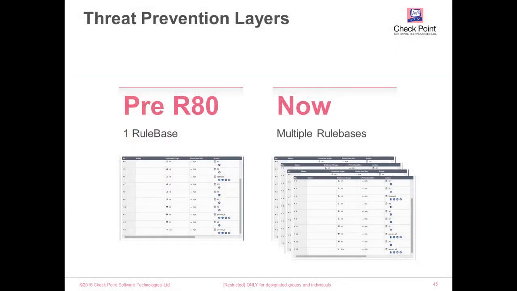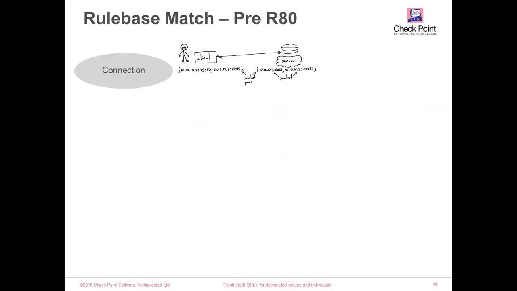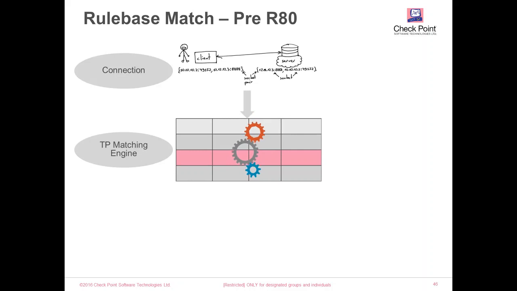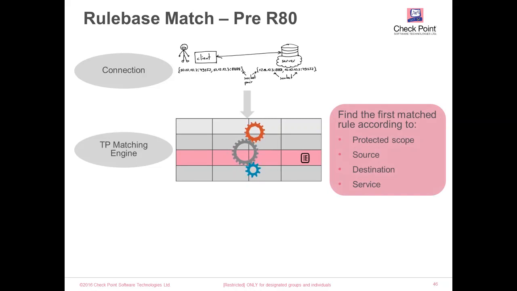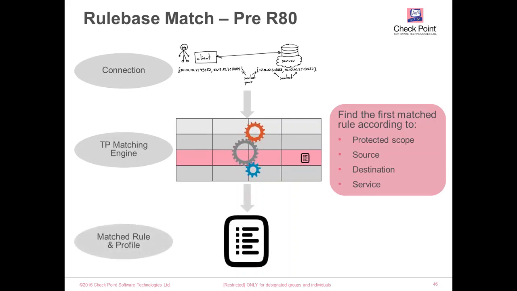Let's start with a small recap on how traffic matching was working in the threat prevention policy in pre-R80 gateways. We have our connection, and the traffic is being matched by the threat prevention matching engine on a certain rule. So we're doing a top-to-down approach, and we're trying to find the first matched rule according to the protected scope, the source, the destination, the service, etc. Once we find a rule that is matching the traffic flow, we will apply the actions that are set for the protection profile for that certain rule.